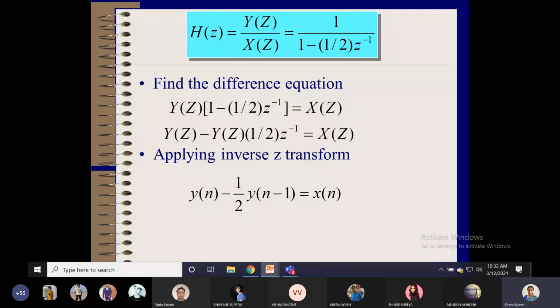Transfer function equations are a very important tool, a powerful tool I can tell, in the modeling of any systems.